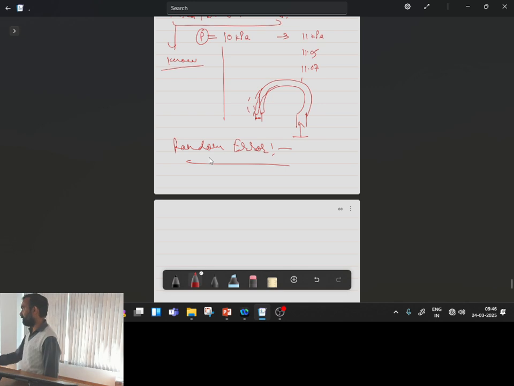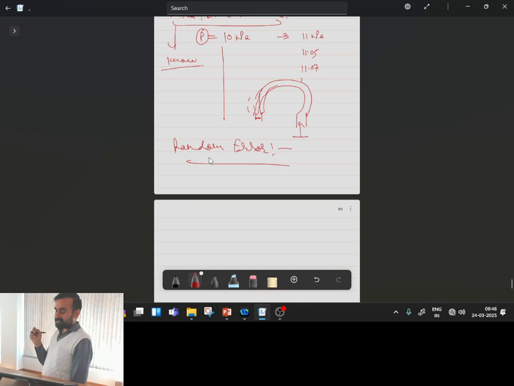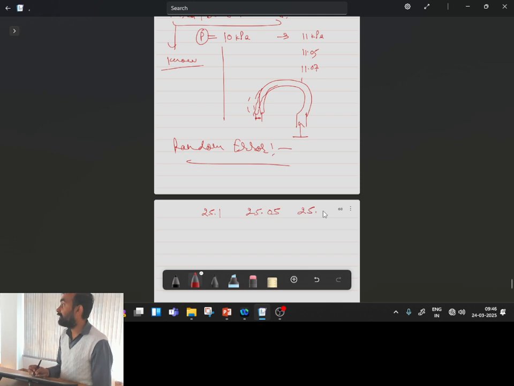25.0001 degrees Celsius. It may happen that one day it was 25.5, another day it was 25.1. Likewise, these small fluctuations which take place because of any unknown reasons, this type of error is called random error. But one unique characteristic of random error is that it leads to fluctuations in the reading, but these fluctuations will not be very large.